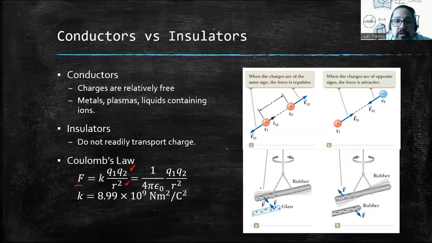Remember that the charges could be either point charges or could be distributed over certain materials, and the letter k represents Coulomb's constant, which is 8.99 times 10 to the ninth newton square meter over square coulomb. These are the units, and if you substitute them in the equations, you'll see that once we work out the units, we will end up with newtons for forces, which is the international system unit for force.